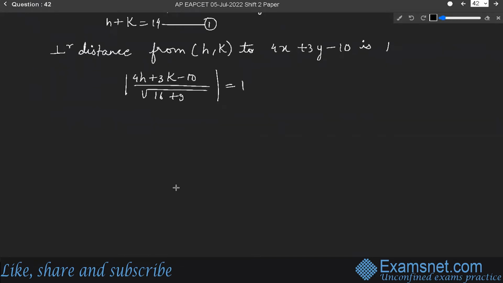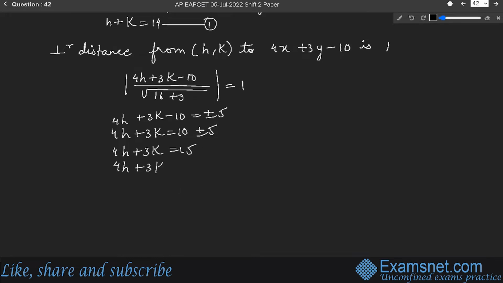On further solving this, 4h plus 3k minus 10 is equal to plus minus 5. 4h plus 3k is equal to 10 plus minus 5. So 4h plus 3k will be equal to 15 and 4h plus 3k will be equal to 5. Let this be equation number 2 and let this be equation number 3.